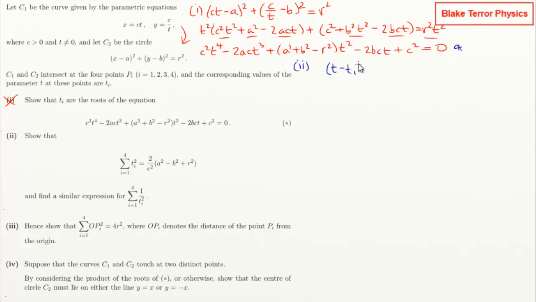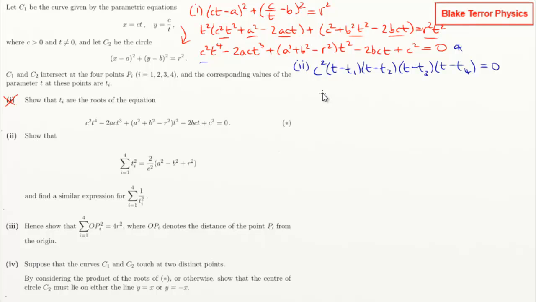So t minus t1, t minus t2, t minus t3, and t minus t4 is equal to 0. But to get it to look like what we showed in part 1, we need a c squared there. Otherwise, we don't get the right coefficient on our t to the 4 term.